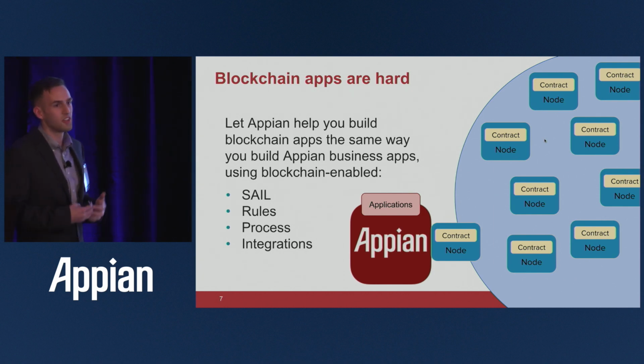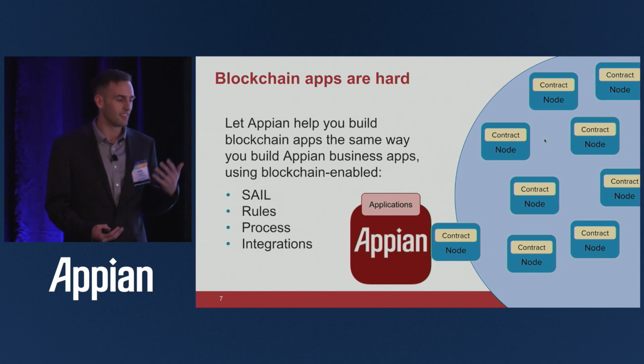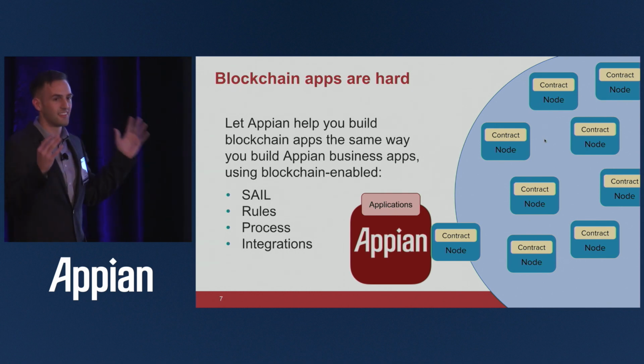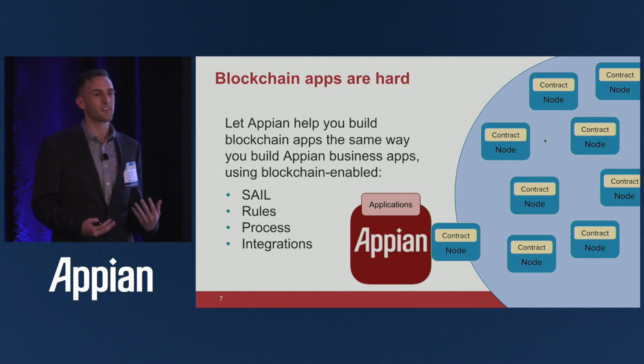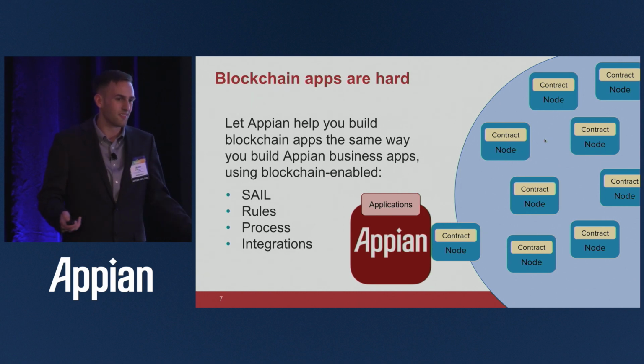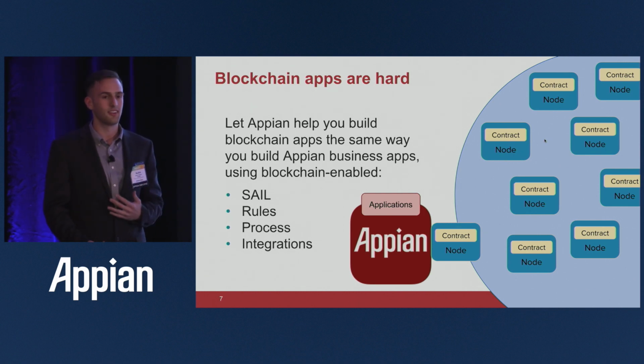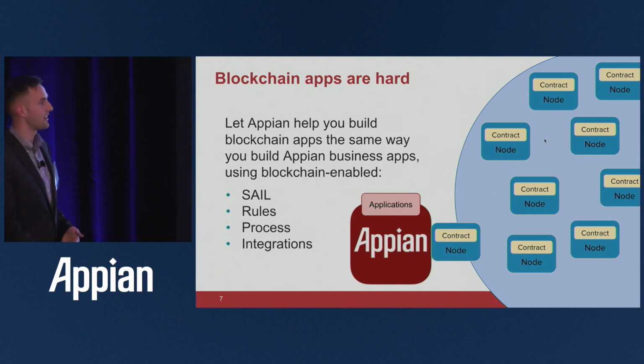Using Appian, you can use programming paradigms like SAIL, rules, processes, and integrations, all in the way that you're familiar with. So you don't have that same friction to ramp up on your blockchain application.